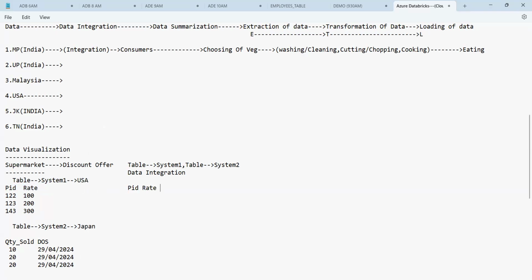Then I want the quantity sold and the date of sales. Here you have information like this. Can you see here? 100 is the rate, quantity sold is 10, date of sales is today's date, 29/04/2024.